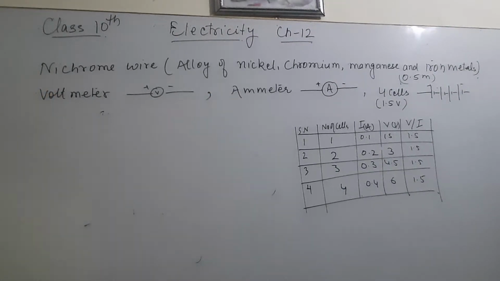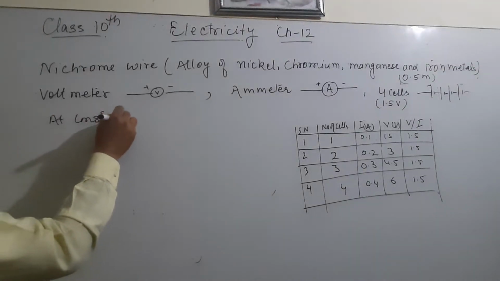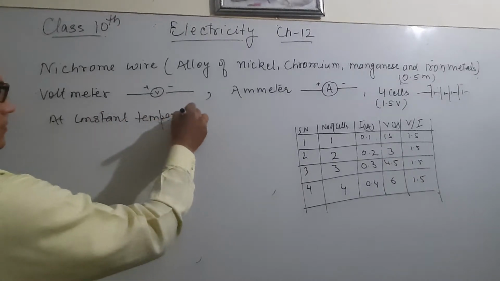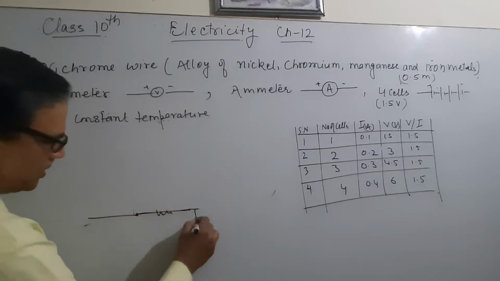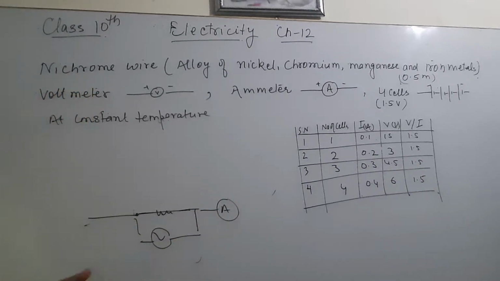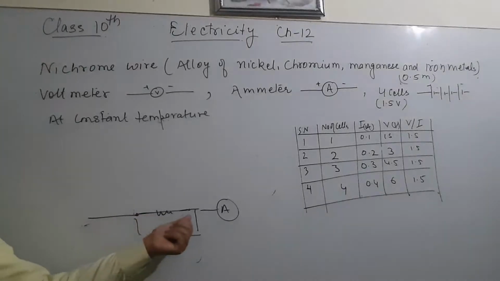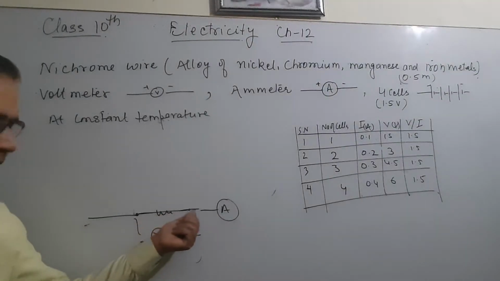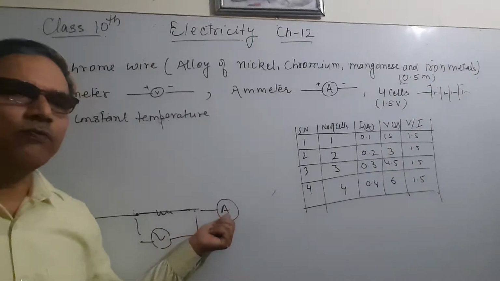Then he stated, at constant temperature, this was the figure. Here is the potential difference and here is the ammeter. At constant temperature, the potential difference across the ends of a given metallic wire is directly proportional to the current flowing through it.